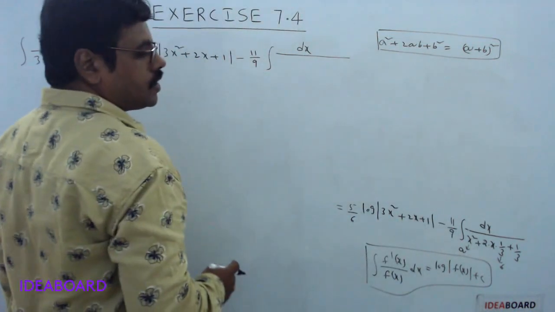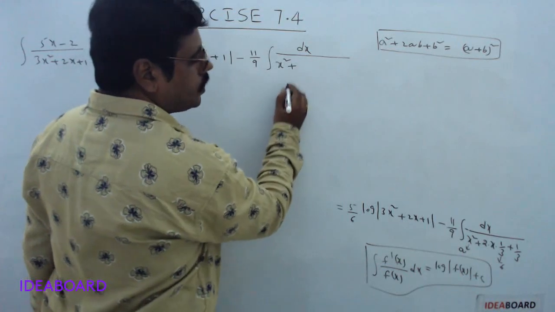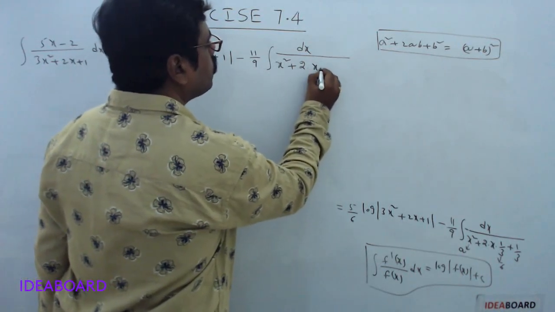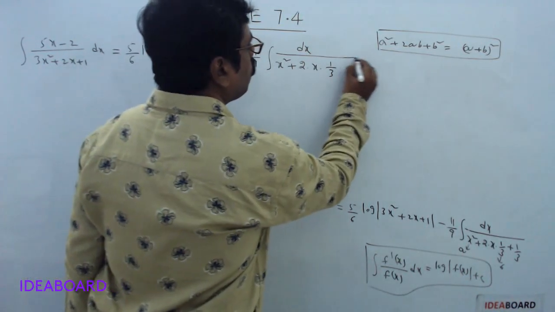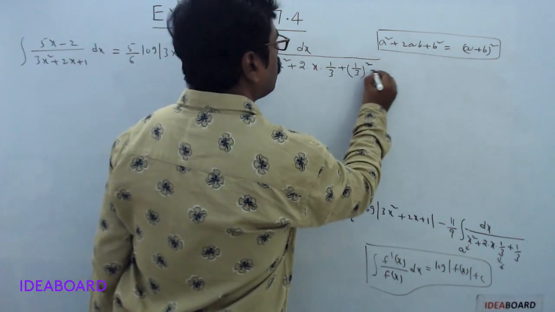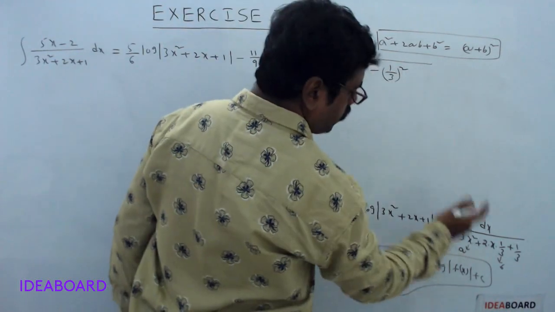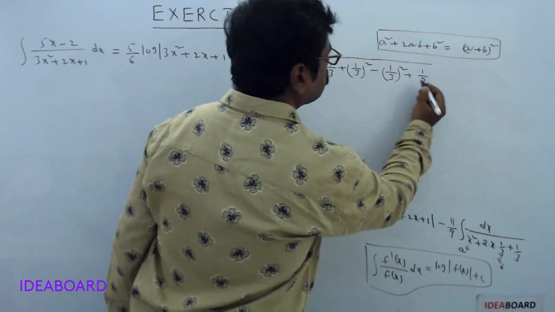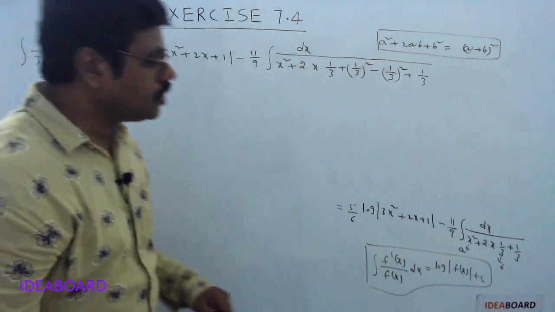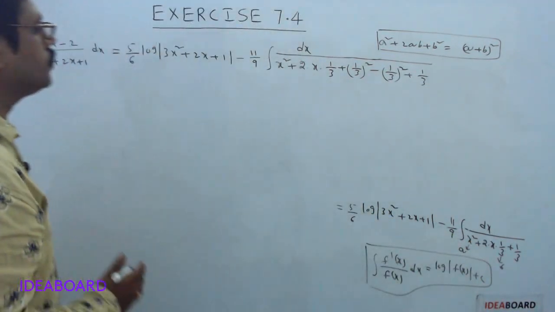So adding and subtracting with 1 by 3 whole square, x square plus 2 into x into 1 by 3 plus 1 by 3 whole square minus 1 by 3 whole square plus 1 by 3. Here what I am doing? Adding and subtracting with 1 by 3 whole square.